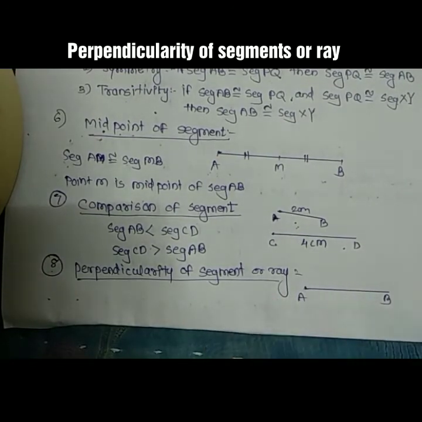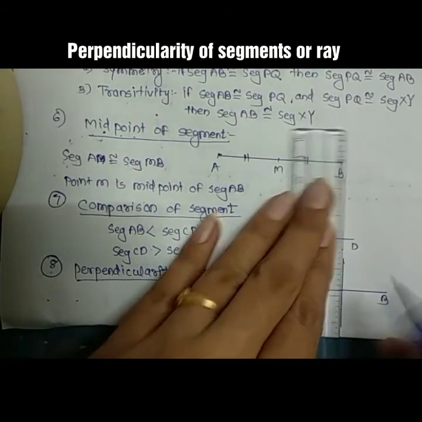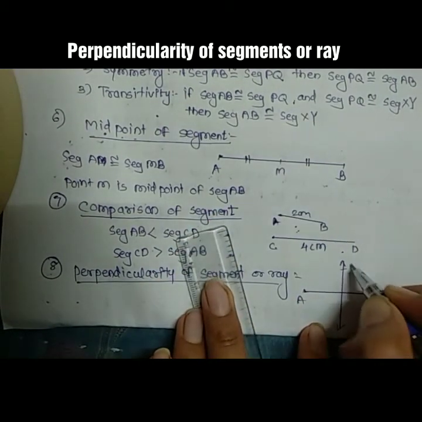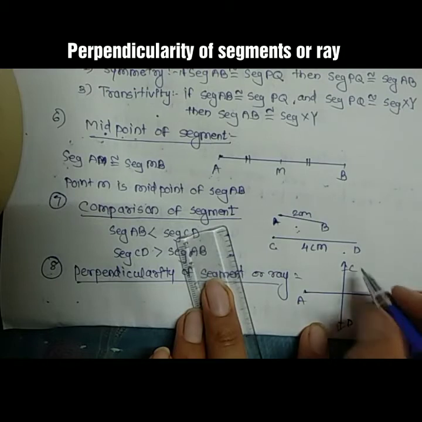This is the segment AB and this is a line CD.